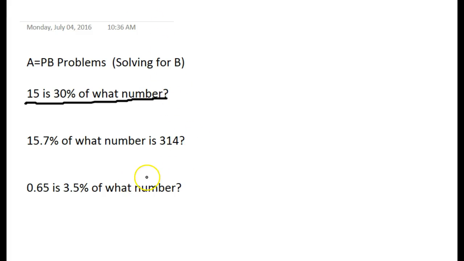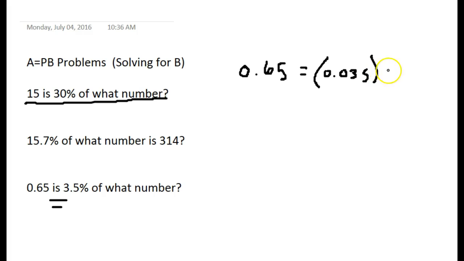The last one is 0.65 is 3.5% of what number? Again, is my equal sign. So 0.65 is 3.5%. Remember, I have to put that in decimal form, so that'll be 0.035 is, all right, of what number?